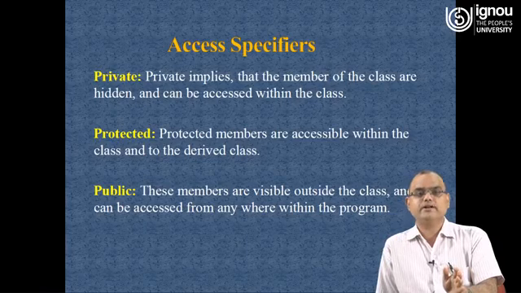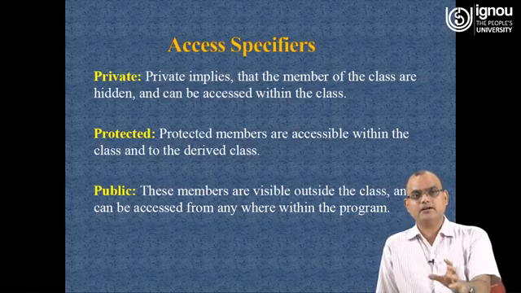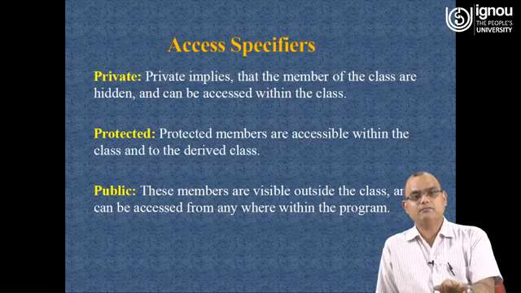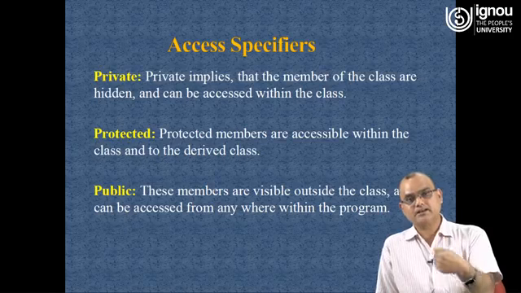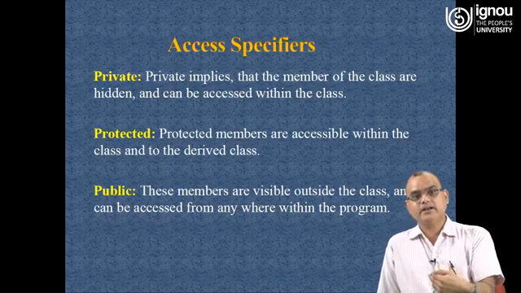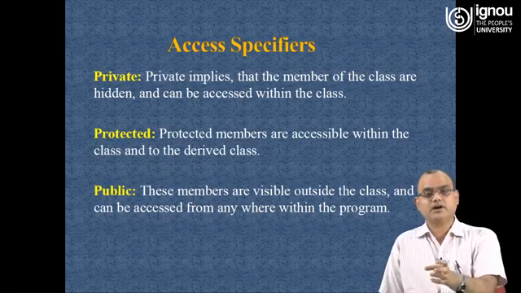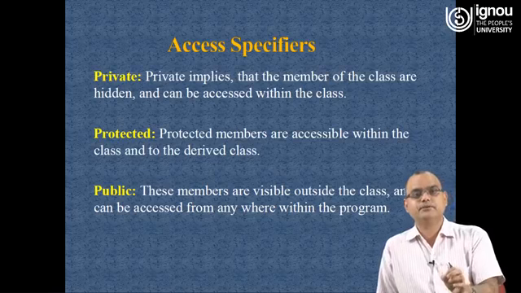Next is protected. Protected has wider access permission, which goes up to the point that it can be accessed inside the class as well as by some other class which is derived from this particular class.